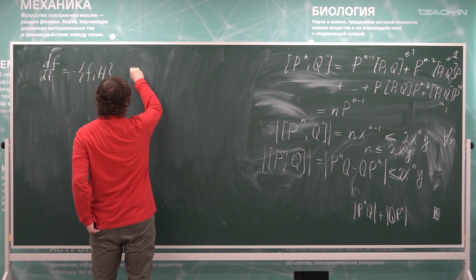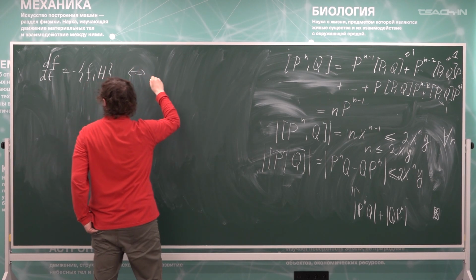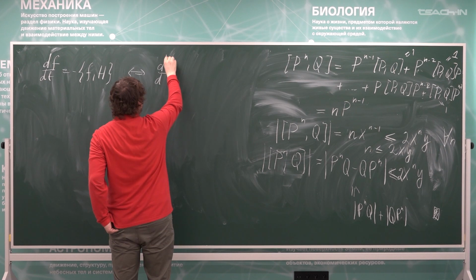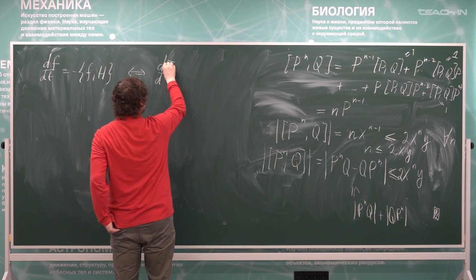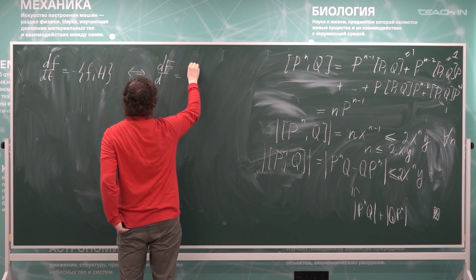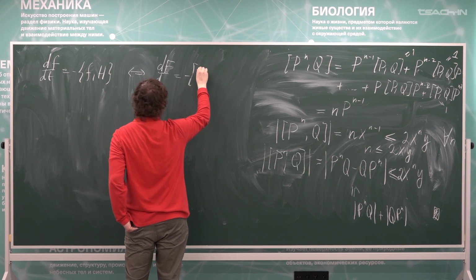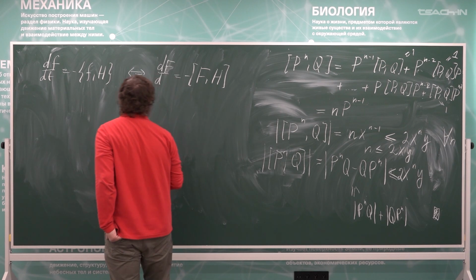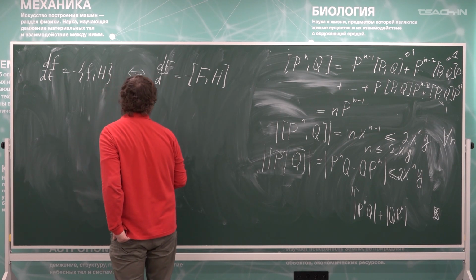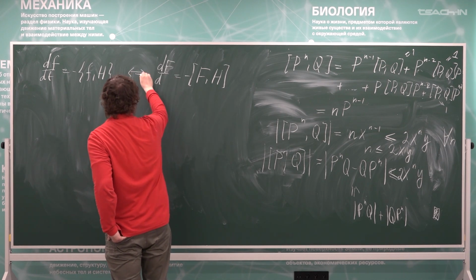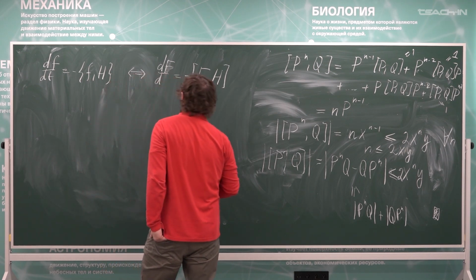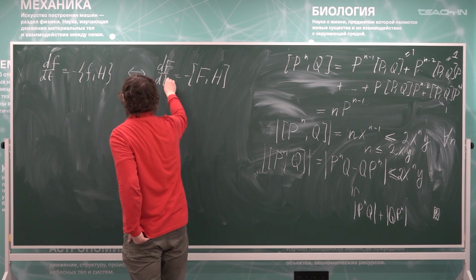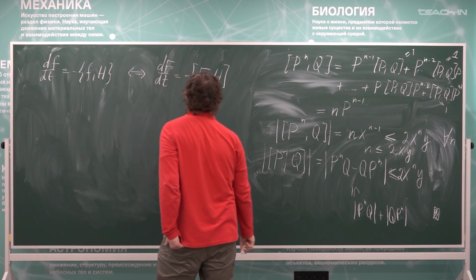In quantum mechanics, this takes the form of the equation dF/dt equal to minus the commutator of F and H. This is what they sometimes call the Heisenberg approach to quantum mechanics, when we write down the equations on observables.